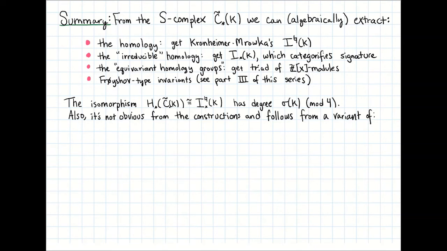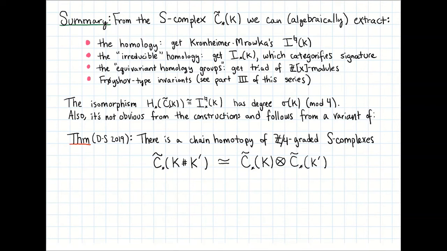To prove it, we use a variant of the following theorem. Given two knots K and K prime, the S complex of their connected sum is chain homotopy equivalent as an S complex to the tensor product of the two S complexes of the knots.